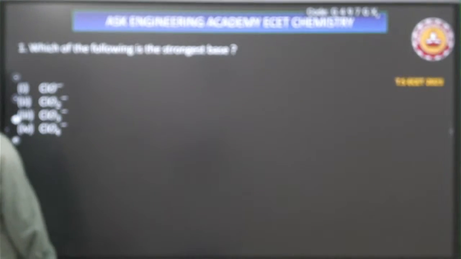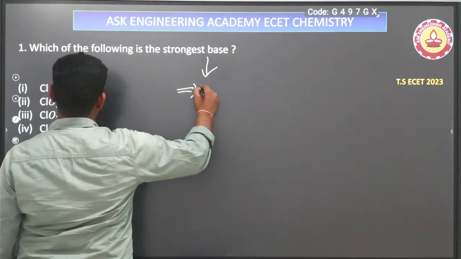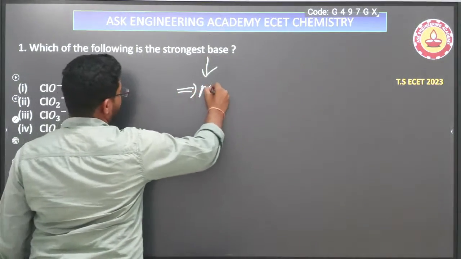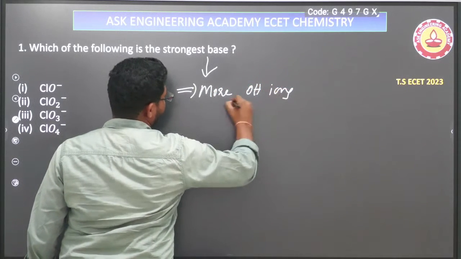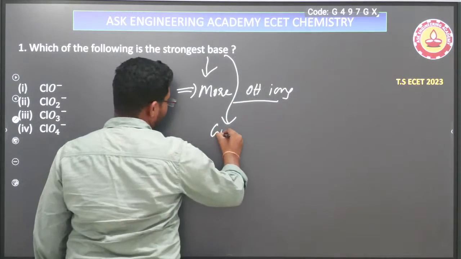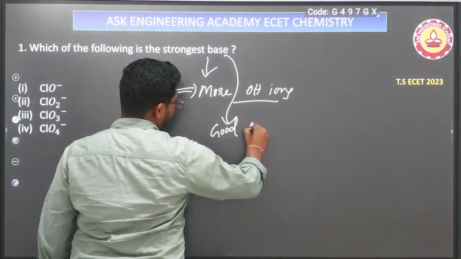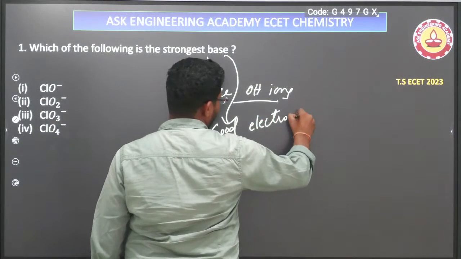Which of the following is the strongest base? The strongest base is the one that gives more OH ions, or sometimes the strongest base is also called a good electron pair donor.